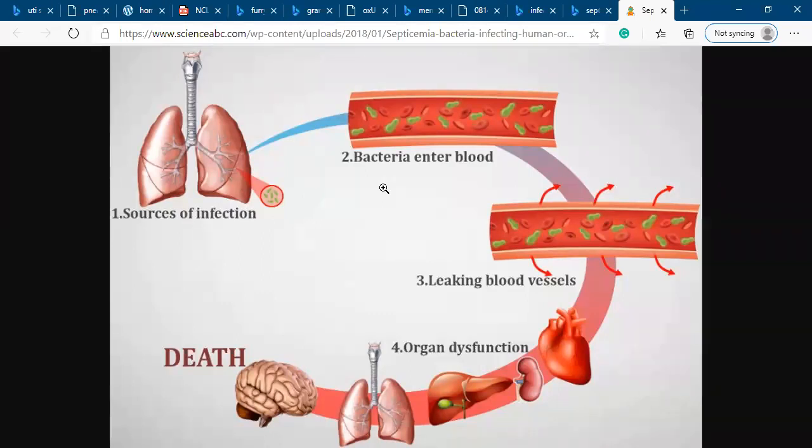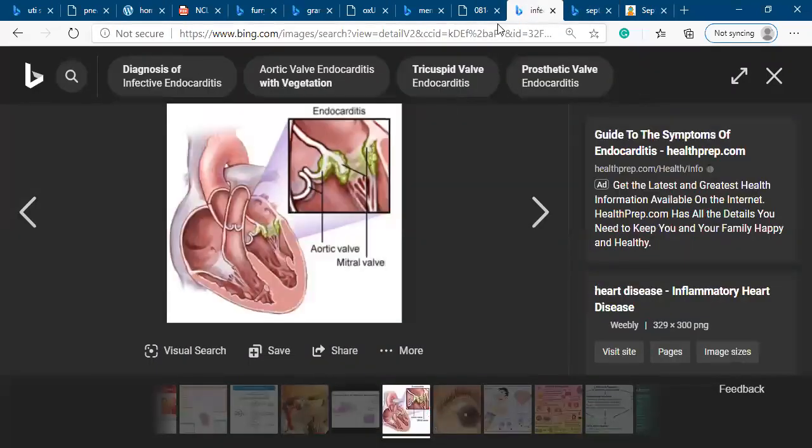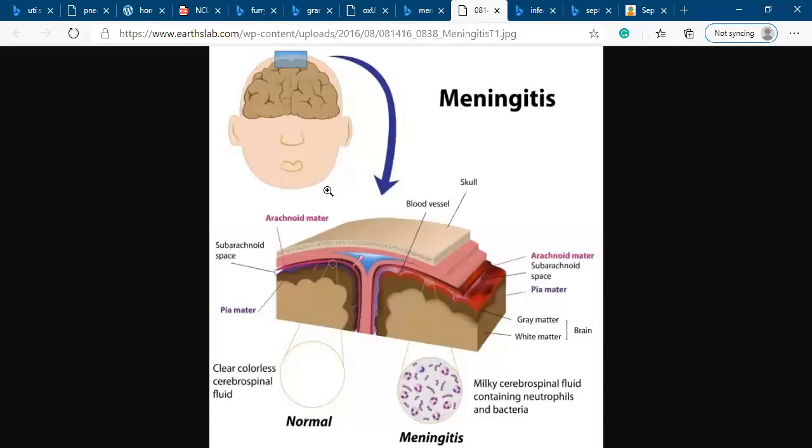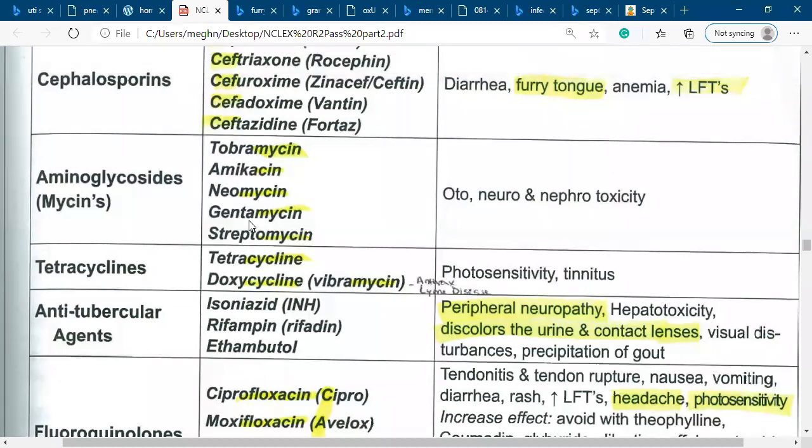Okay, so if your patient has septicemia, infective endocarditis, or meningitis, we give them aminoglycoside like vancomycin, gentamicin, amikacin, or neomycin.